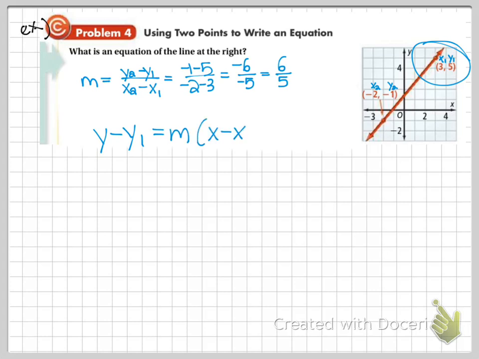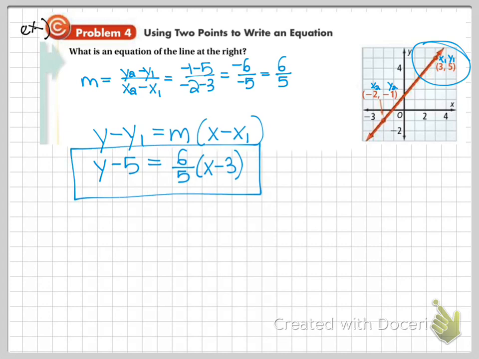So plugging in that point, we get y minus our y1, which is 5, equals our slope, 6 over 5, times x minus x1, which is 3. So that would be the equation of our line in point slope form. Again, it would be very easy to solve this for slope intercept form. All we would need to do is add 5 and distribute the slope and then combine like terms from there.